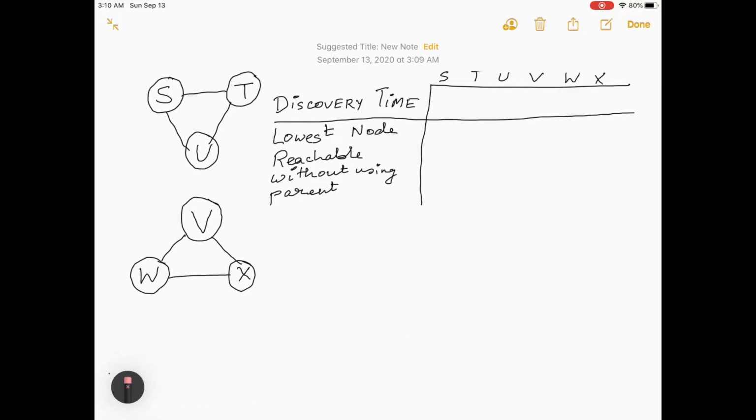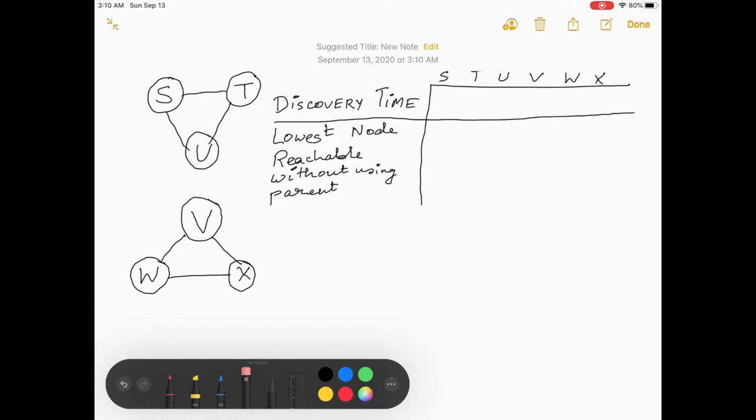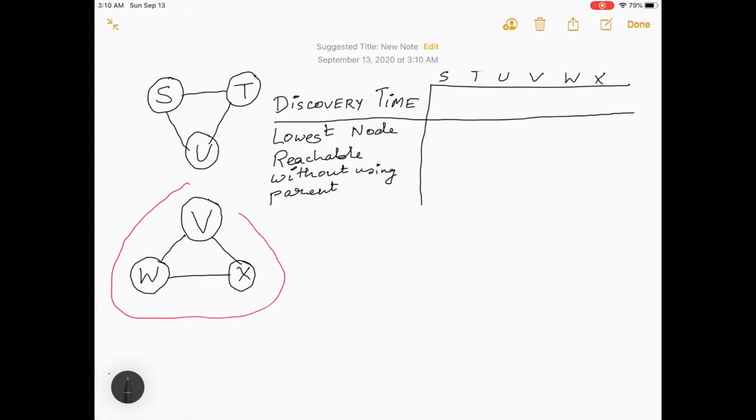So let's remove the edge, and now you can see that we have two different components and they are disconnected, and we got this by removing the edge that existed between the vertices u and v. So the edge uv or vu is the bridge in this given graph.